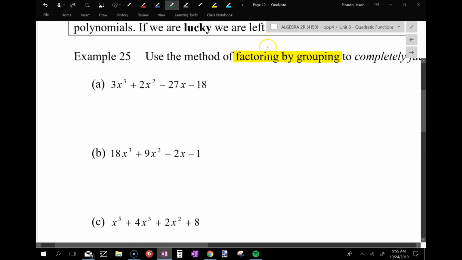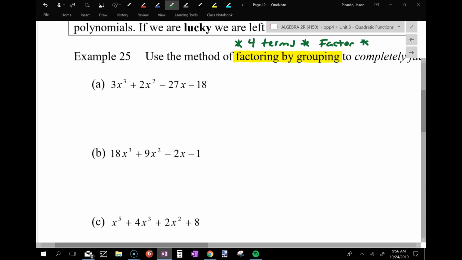You're only going to use this when you see 4 terms and the word factor, right? If you see 4 terms and the word factor, you're going to think grouping, okay? And the way you're going to do this is very, very, very simple if you follow the directions.